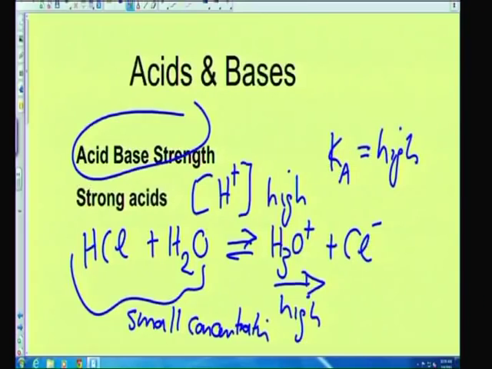There's another thing that examiners love to ask in terms of classifying the strength of acids, and learners often get it mixed up. We talk about strong and weak acids. Remember, a strong acid will always be a strong acid. It doesn't matter where you've put it, what you reacted with, it will always be a strong acid.